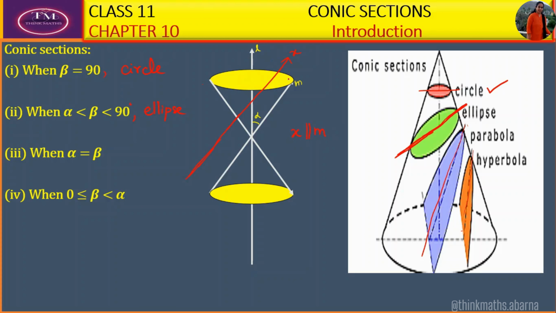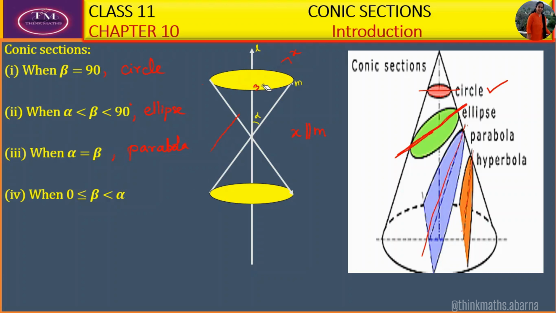As both are parallel, this angle beta will be equal to alpha, because X is parallel to M. If they are parallel, alpha and beta are corresponding angles. So alpha equals beta, and we get a parabola. These are the three shapes.